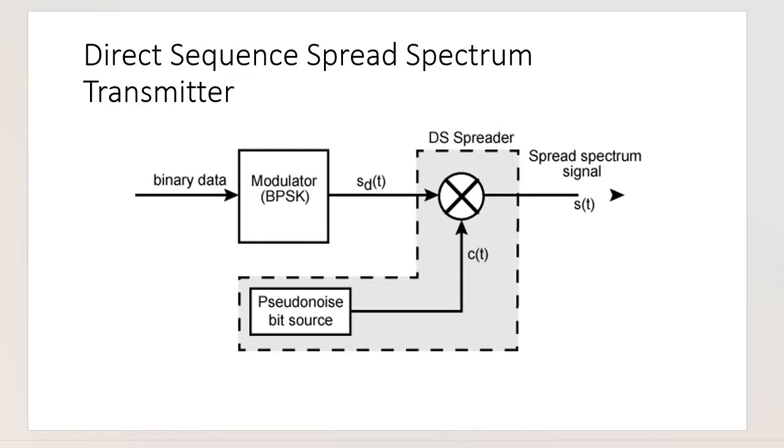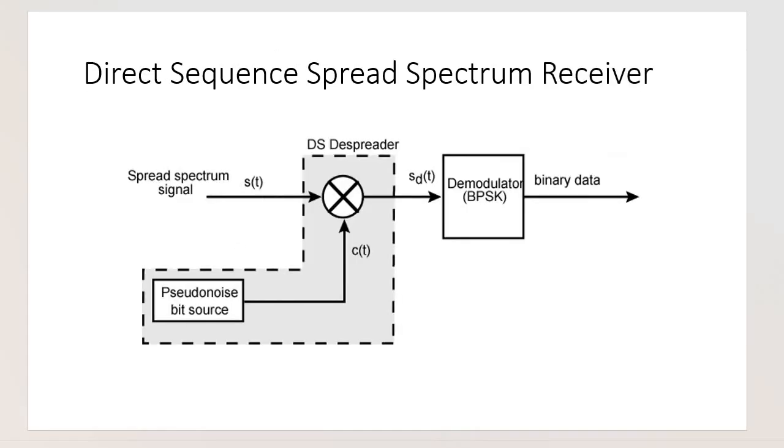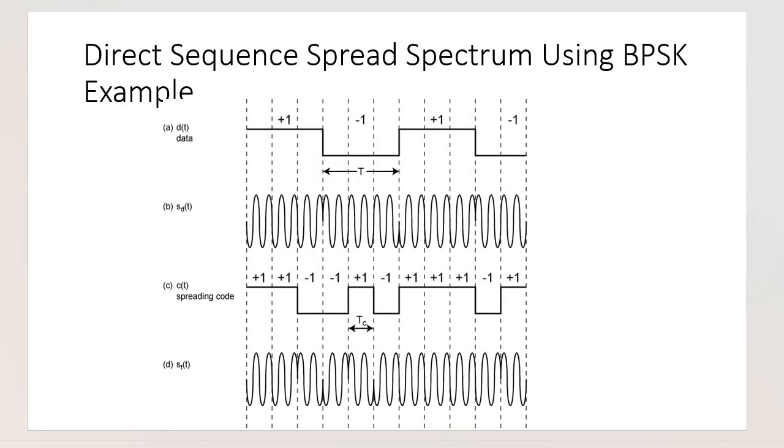This is the transmitter, which multiplies the input data with the spreading code and modulates the result for transmission. This is the receiver, which multiplies the received signal with the same spreading code to recover the original data.